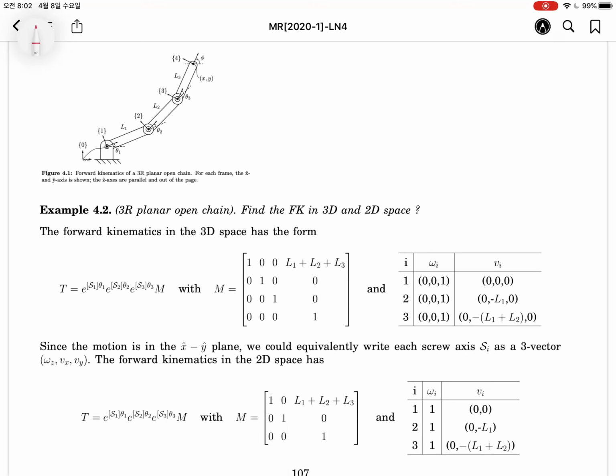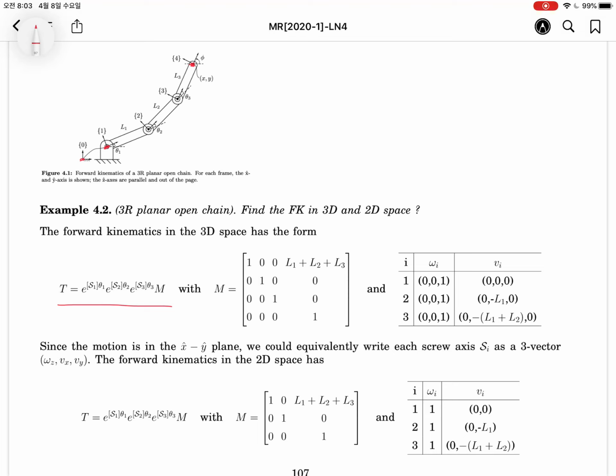Okay, this is more simple. This part is equal to this one, and then the body frame is assigned to the end-effector frame. So this will be the B. We have just the three angles, θ1, θ2, and θ3, so we can get the forward kinematics.